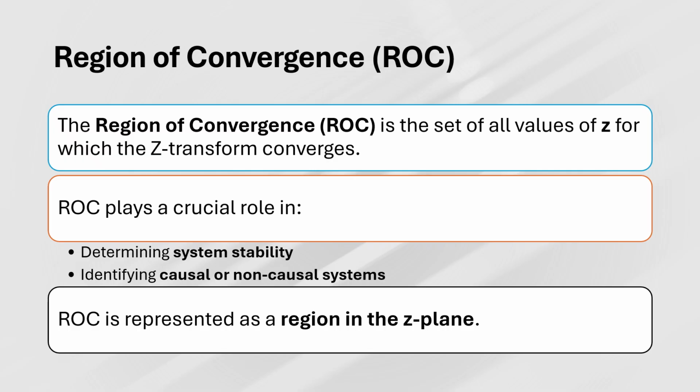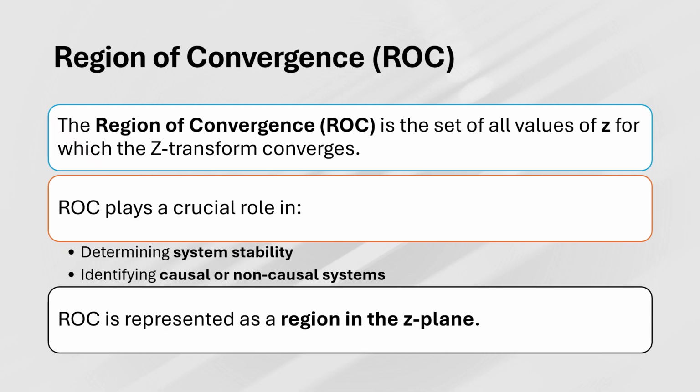Let's begin by understanding what region of convergence means. When we take the Z transform of a discrete time signal, we express it as a mathematical function of complex variable Z. However, this Z transformation does not converge for all values of Z. The region of convergence or ROC is the set of all values of Z for which the Z transform converges to a finite value.